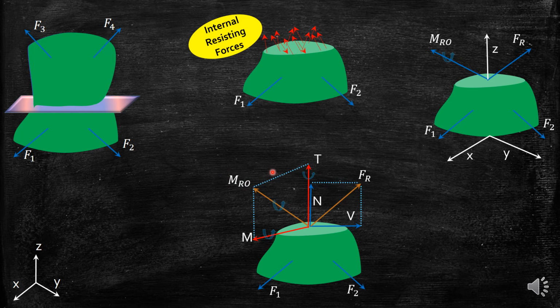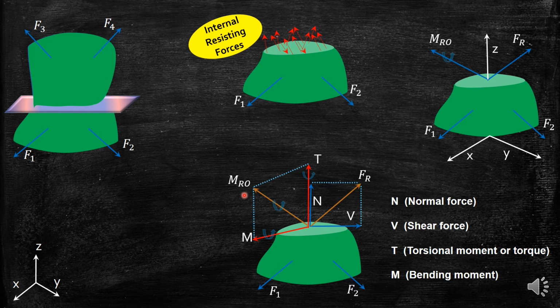I will make clear what a bending and a twisting moment are. Bending moment is taken in this direction, whereas twisting moment is taken in the perpendicular direction. The resultant of this bending and twisting moment has been taken, which is represented by MRO.